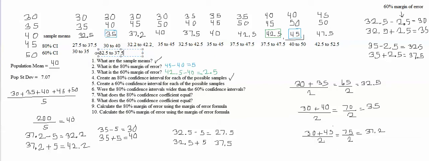What about for sample 3? Now we're going to add and subtract 2.5 again, this time using 37.2. Each time it's just the sample mean minus and plus the margin of error.